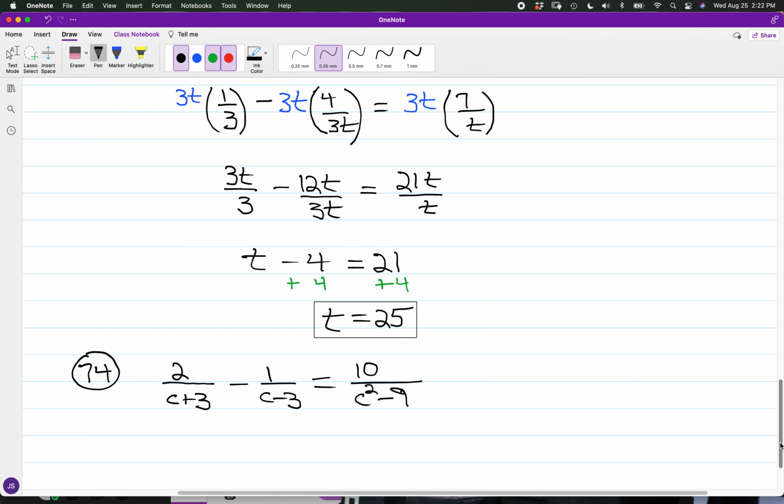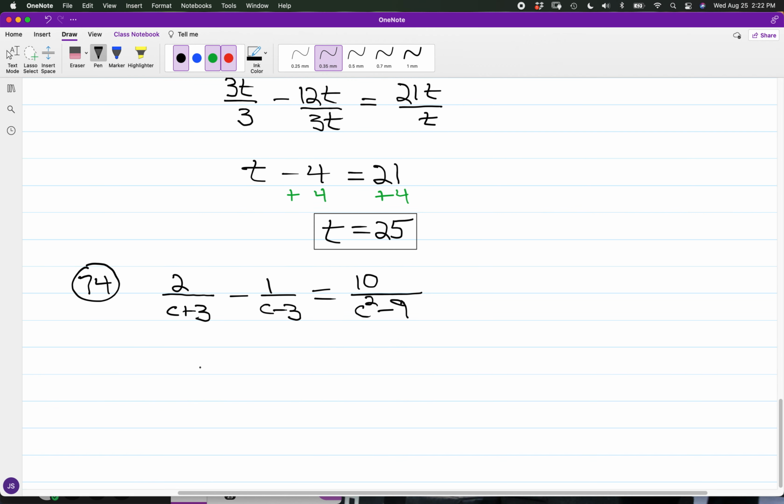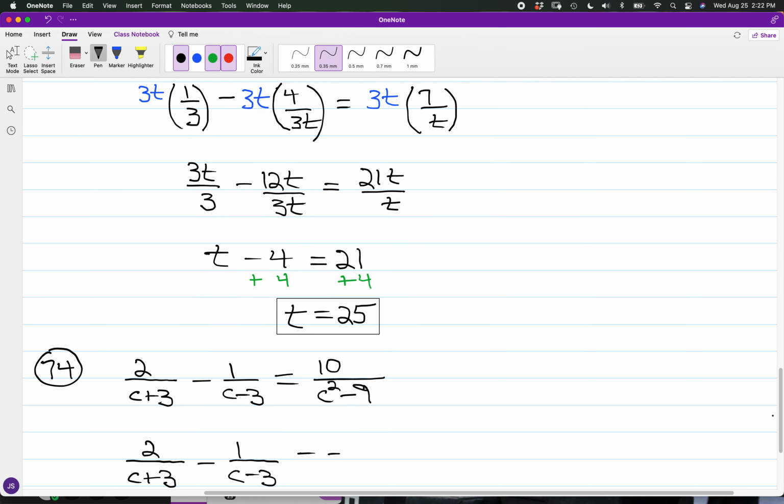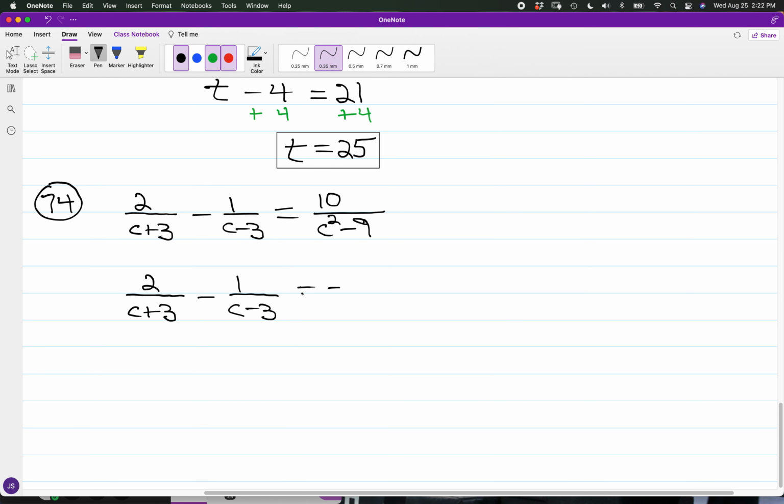And since I'm looking for restricted values, what I'm going to do here is for this last ratio, I'm just going to put this in factored form. So you have 2 over c plus 3 minus 1 over c minus 3, and we have is equal to 10 over c squared minus 9, which is c plus 3 and c minus 3.